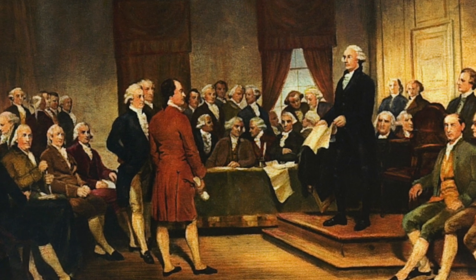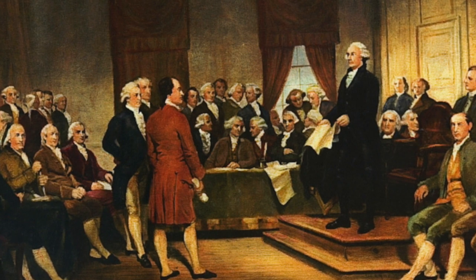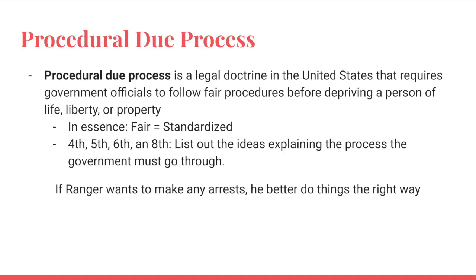So in anticipation of this, when the founders crafted the Bill of Rights, they included several key provisions. These provisions are really steps to arrest somebody. Go back to the idea of John Locke's life, liberty, and property. If the government wants to take those rights away, they need to follow a set of procedures. They do this because it needs to be equal for everybody.